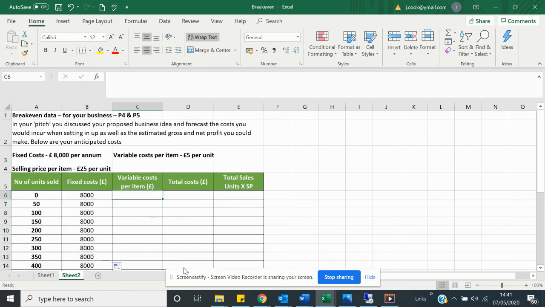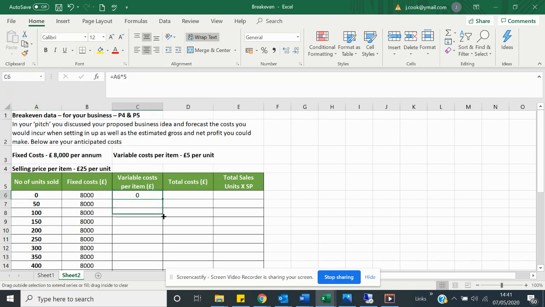Your variable cost per item, remember I've shown you how to do your equals. Here it's your variable cost, so you need to click on the number of units sold times by, the times for me is up at the little star above my 8, so it's times by 5. Of course because you haven't sold any it's 0.